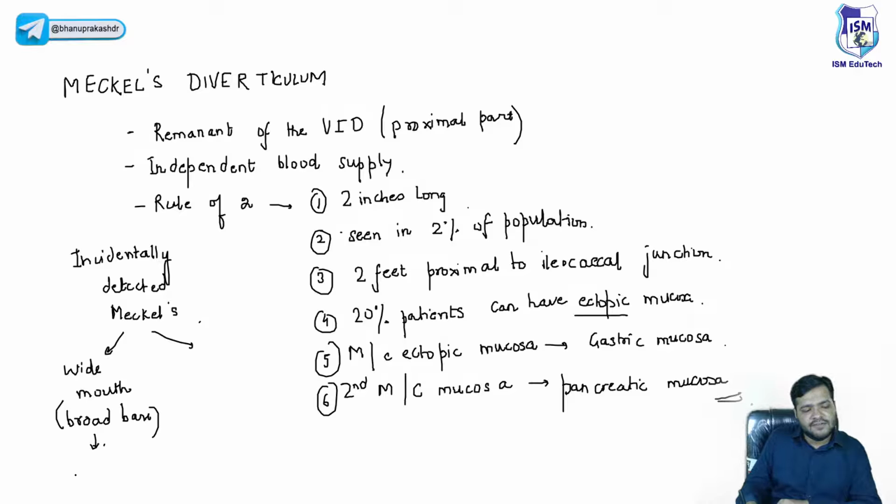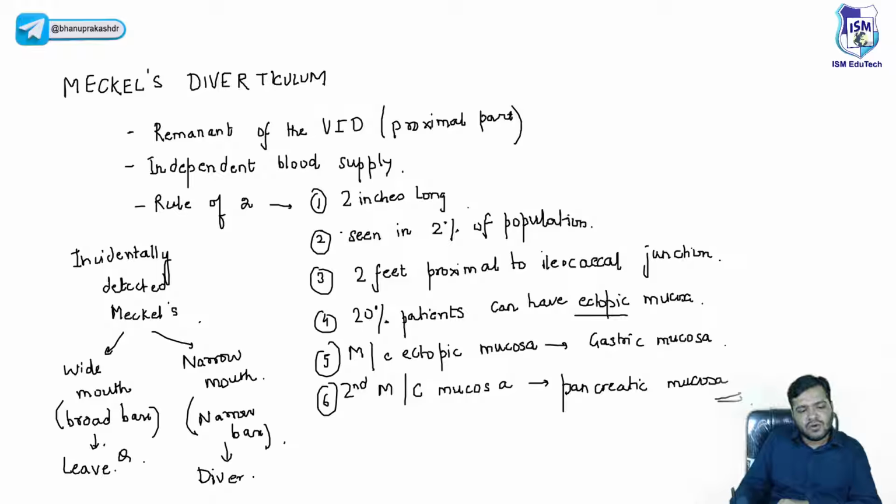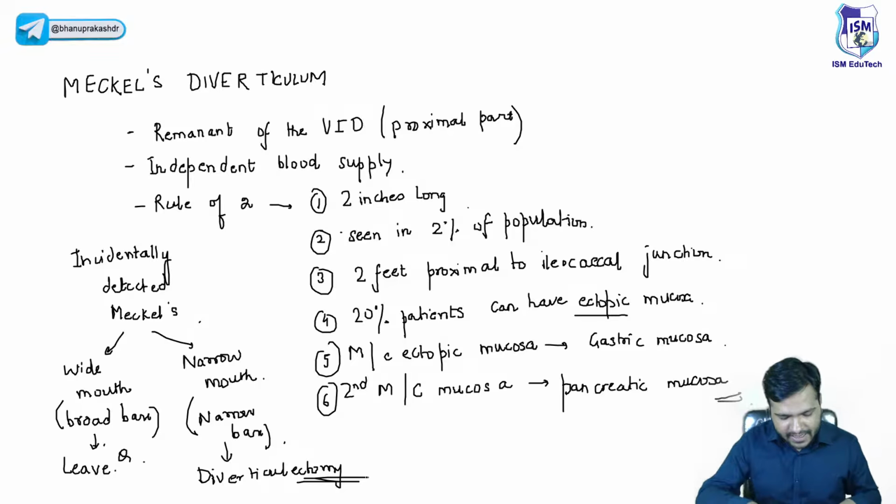You just have to leave it, leave it there to its fate. And the second is if it has a narrow mouth, or simply a narrow base, then you have to cut it, and anything which you cut is called diverticulectomy. Diverticulum, right, so cut it, add the ectomy: diverticulectomy.